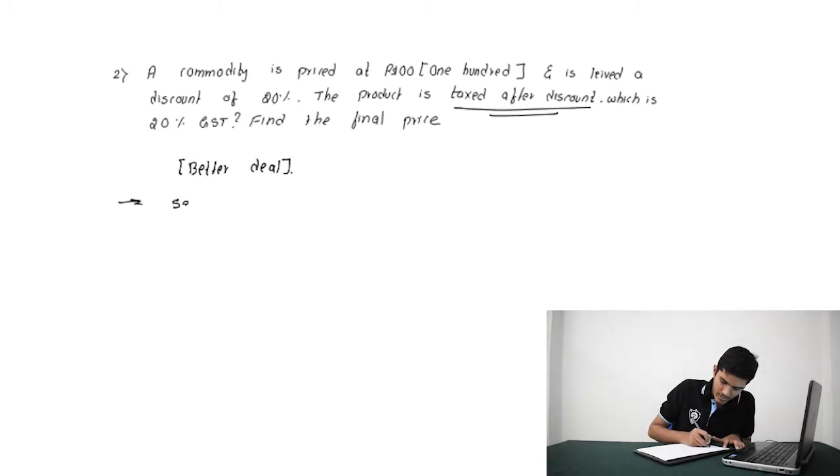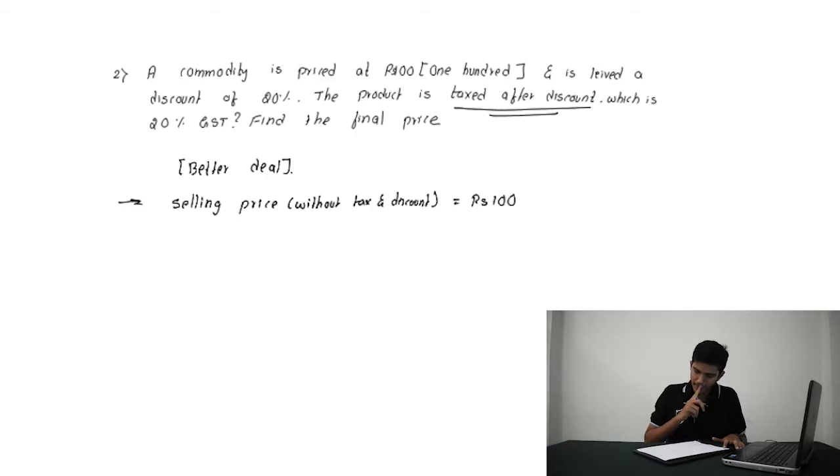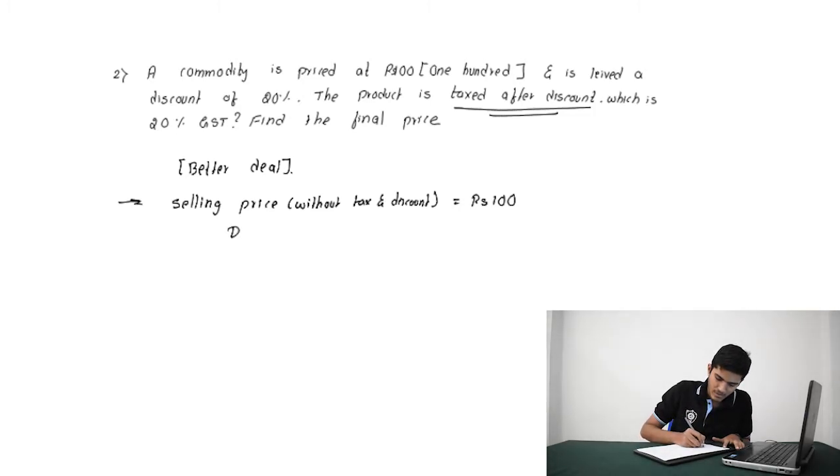So now we'll write the selling price. Yeah, of course, without the tax, is going to be rupees 100. So now he's giving us discount before taxing it, unlike the previous problem. Discount of 20%, you give me minus rupees 20.